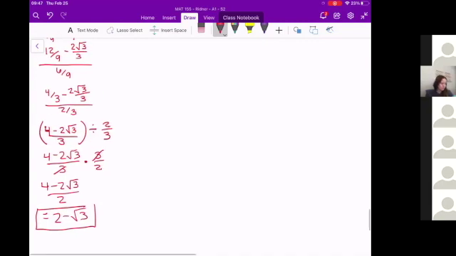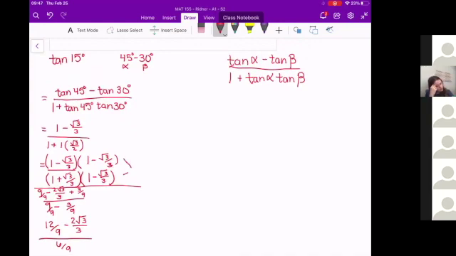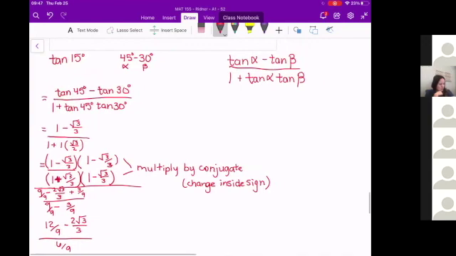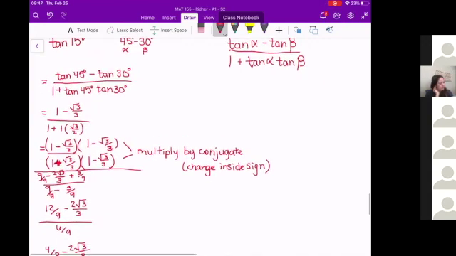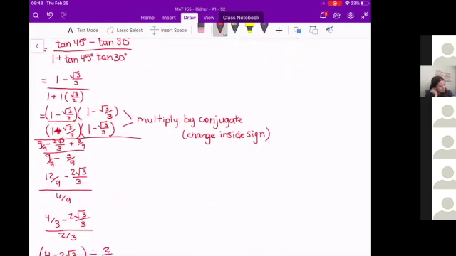Okay. So I'm going to go up here and say, that way if you look back at it, you see this. Multiply by conjugate, which means to change the inside sign. So like this was a positive, we changed it to a negative. And then we multiplied.